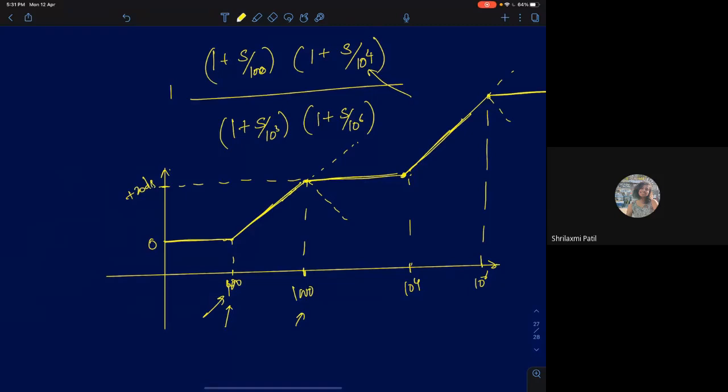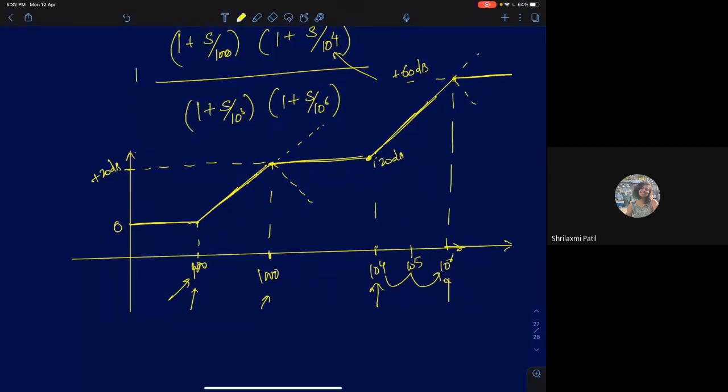Because you are at 20 decibels here and you are increasing at the slope of plus 20 decibels per decade. 10 power 4 to 10 power 6 is 2 decades. So 10 power 4 to 10 power 5 is 1 decade. 10 power 5 to 10 power 6 is 2 decades. So 20 plus 40, this point will be at plus 60 decibels. So this is your magnitude response for the Bode plot.